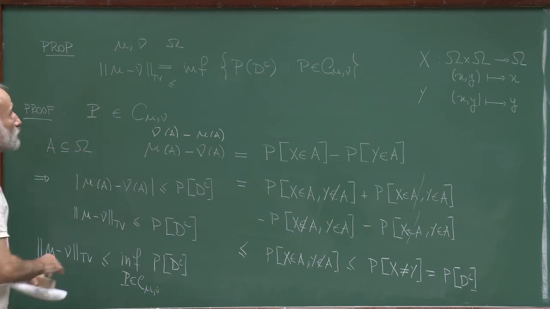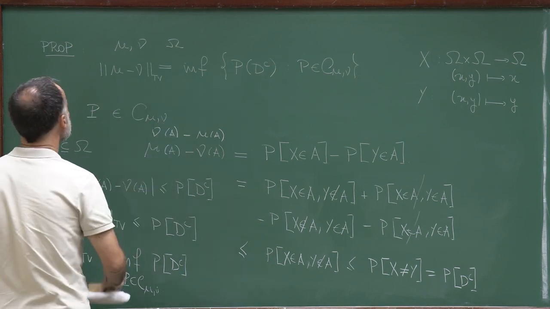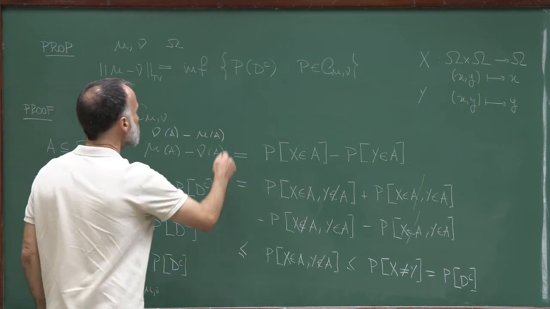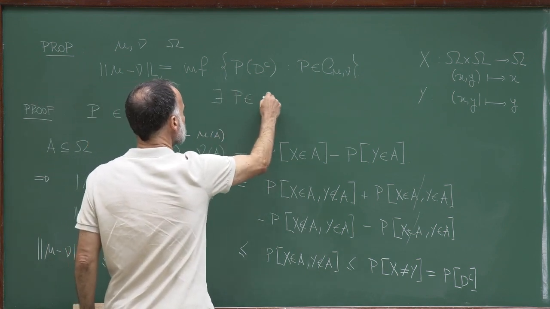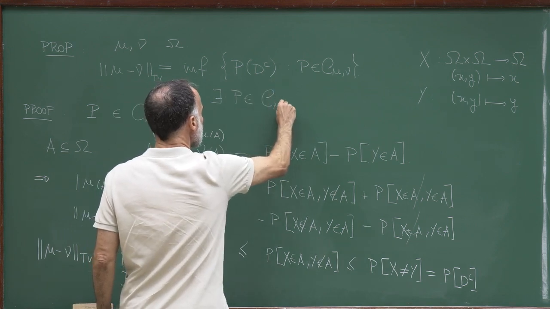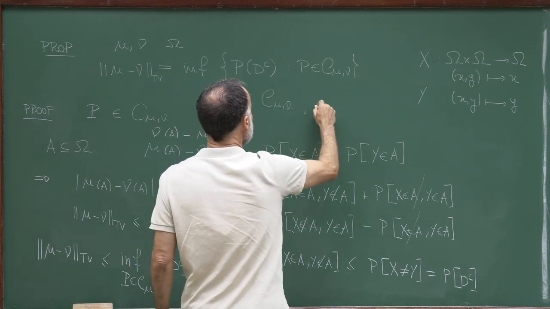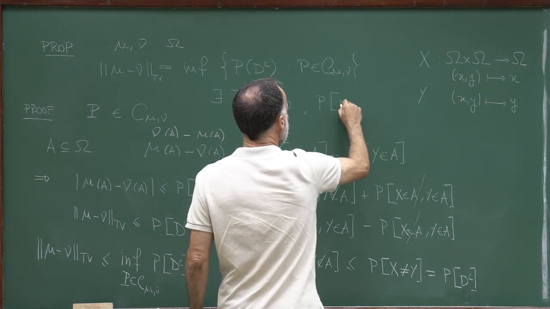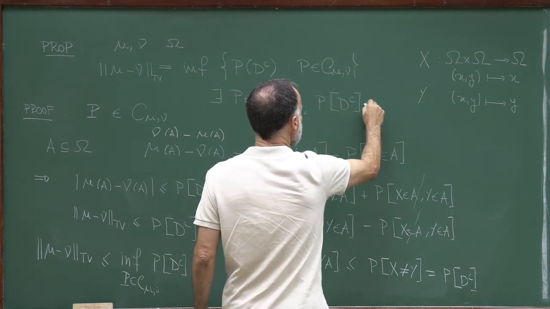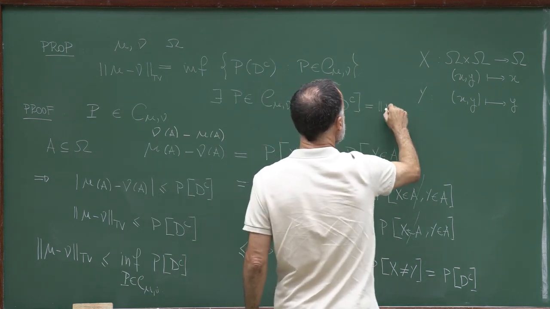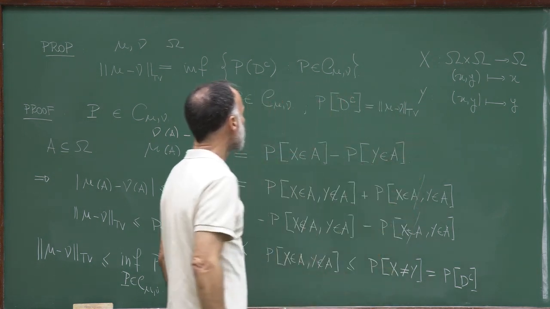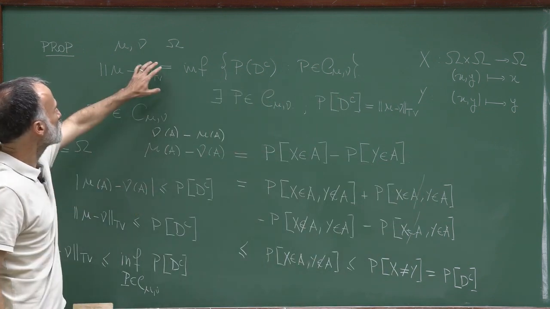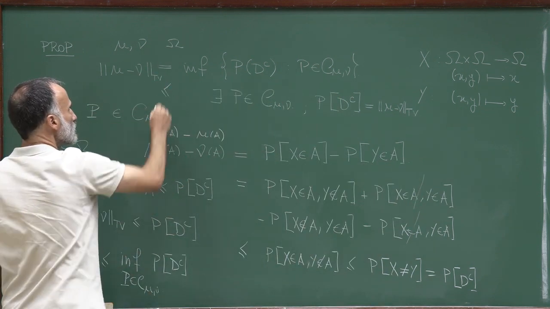So now, if we want to prove this proposition, it remains to show that there exists a coupling such that the probability of the complement of the diagonal is equal to the total variation between mu and nu. Right? So we proved this inequality.